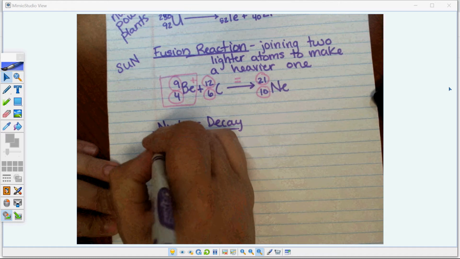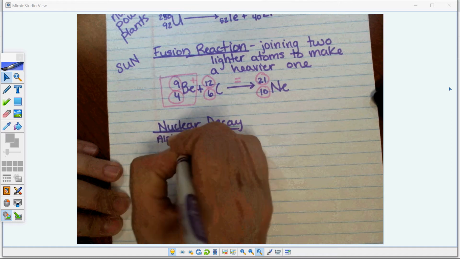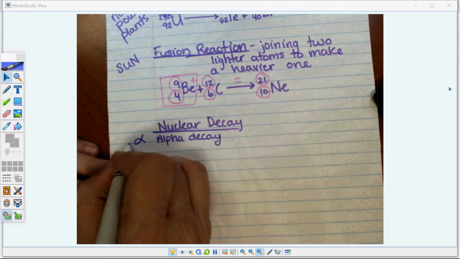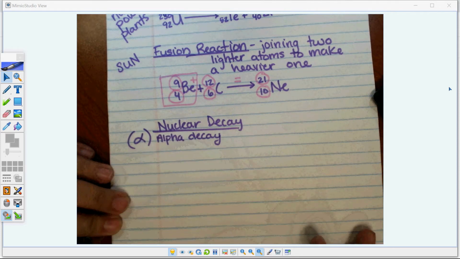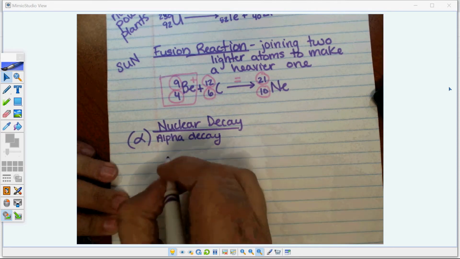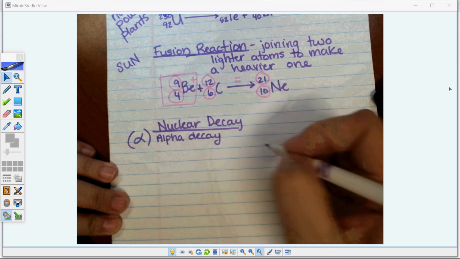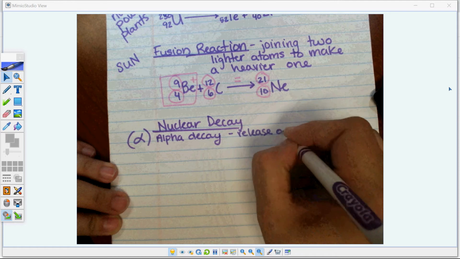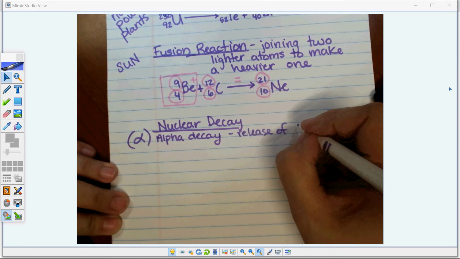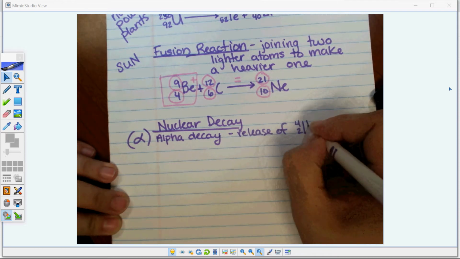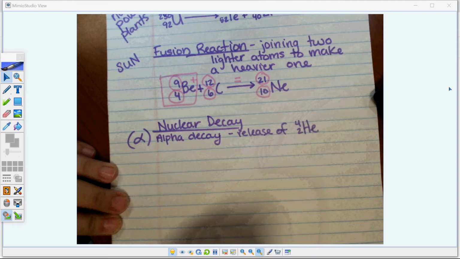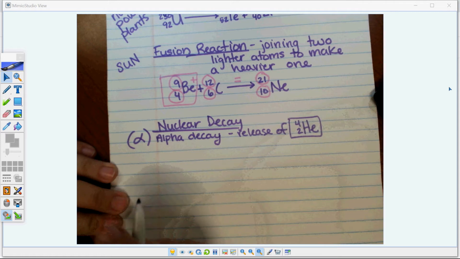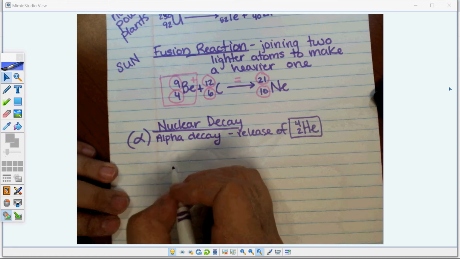The first is called alpha decay, and alpha has a funny Greek letter, which you'll see used on the UT Quest. So alpha decay, the way we know alpha decay happens is there's the release of a helium nucleus, which looks like this. So if we have a reaction where we see this thing in the balanced equation, then we know we have alpha decay. That's how we identify it.